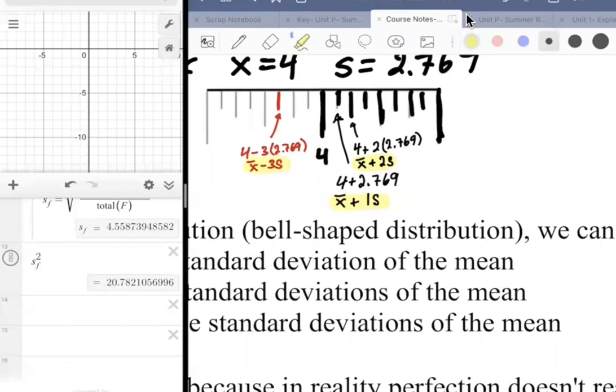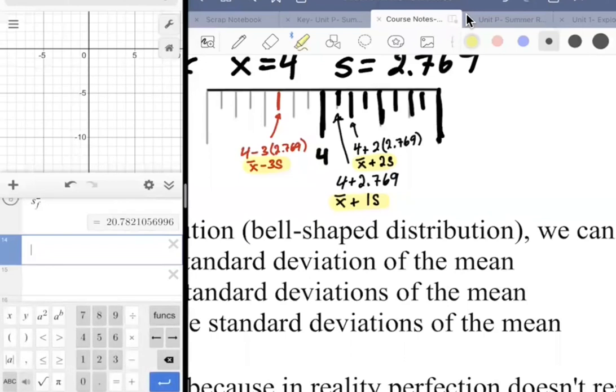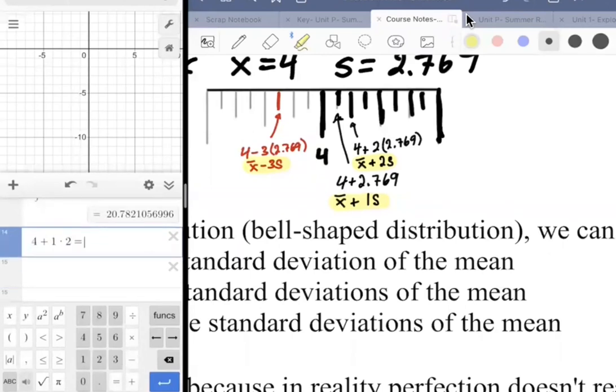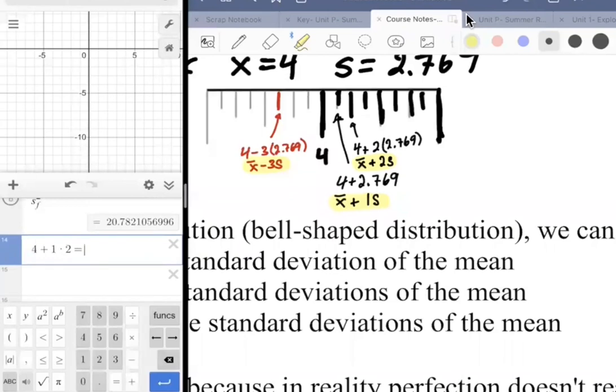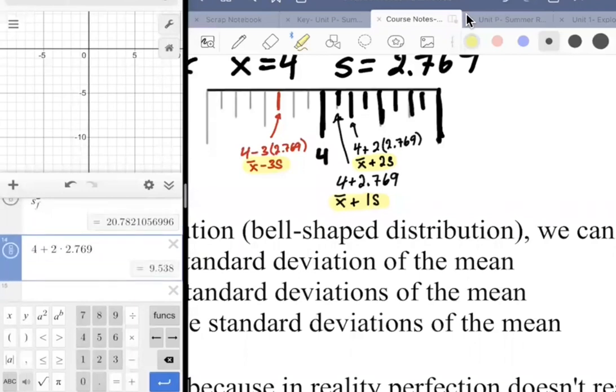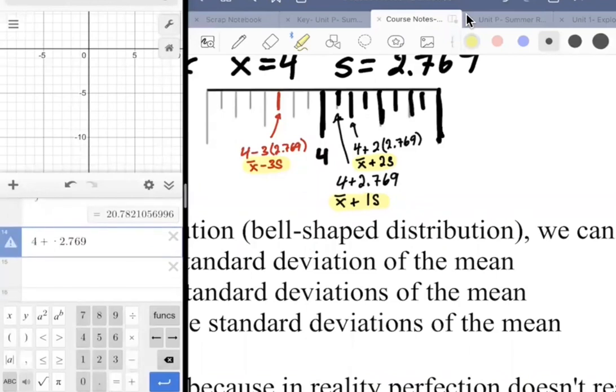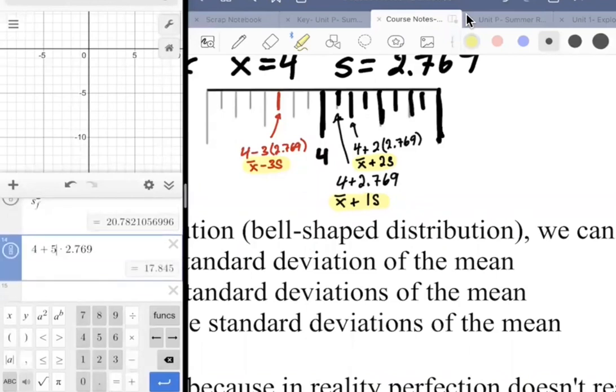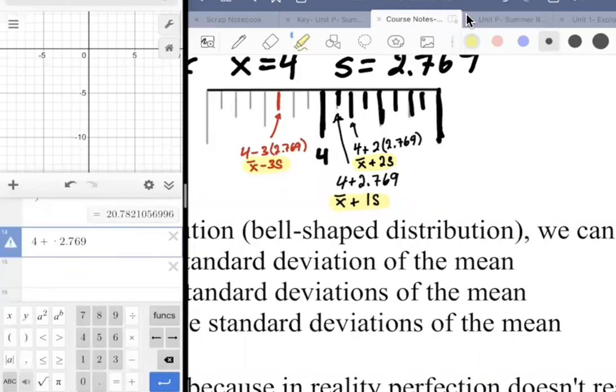So if I did it using technology, I would just keep it simple. I would have 4 plus 1 times 2.769. So 1 unit away would be 6.769. And then I would just do that again, replacing the 1 with a 2, replacing the 1 with a 3, and so on. And that would give me all the individual measures that are associated with the ruler, right?